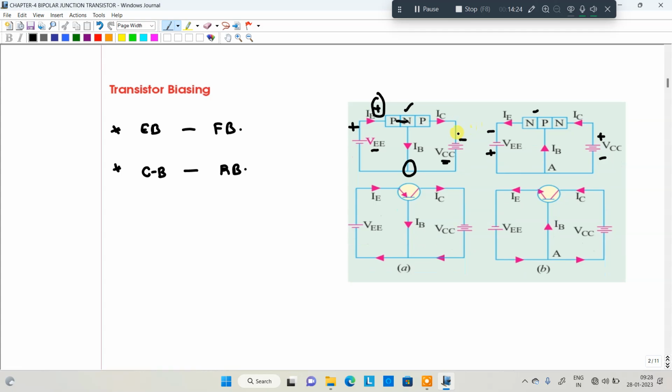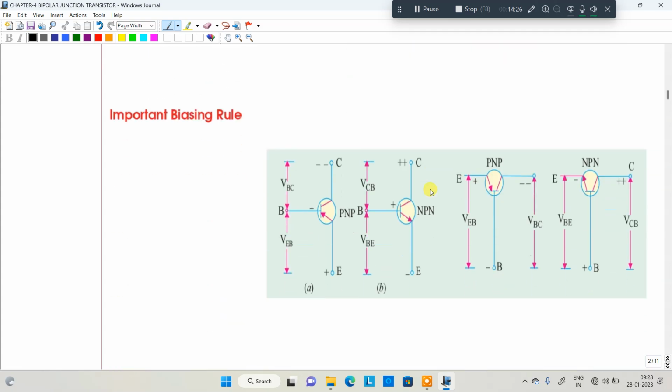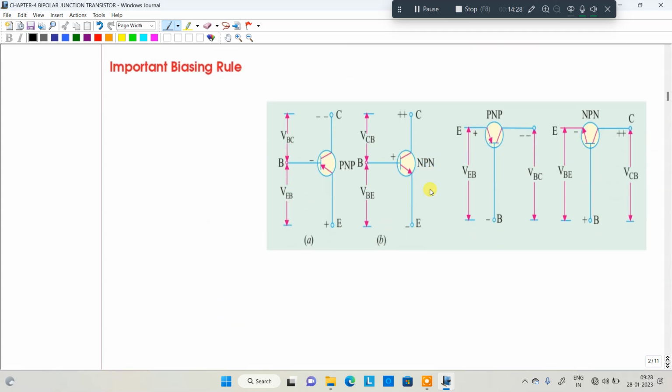Next we are moving to the important biasing rules. How exactly does biasing work, and what are the rules behind it? We'll see. In this case, this is a PNP transistor. In the PNP transistor, the biasing can be represented with two negative terminals and one positive terminal.